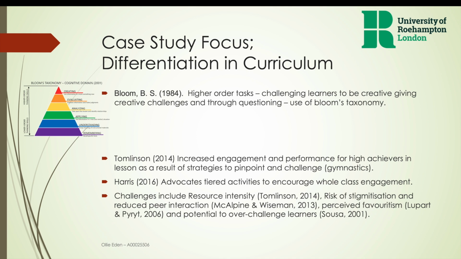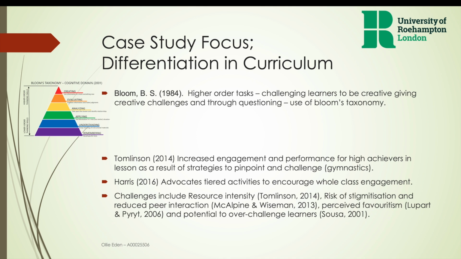Challenges with this include some of the resource intensity. It requires a lot of resources and challenge for the teacher as well when organising these lessons. Risk of stigmatization. So if people aren't picked, they may not interact quite as much with their peers, but also in the lesson. That can also lead to perceived favoritism if the same learners are being picked again and again and again.